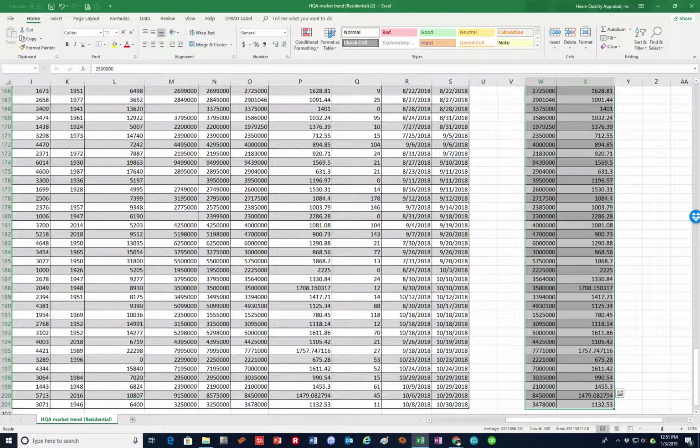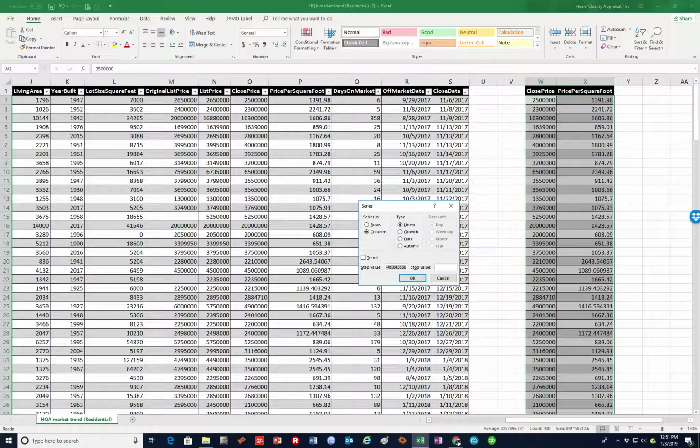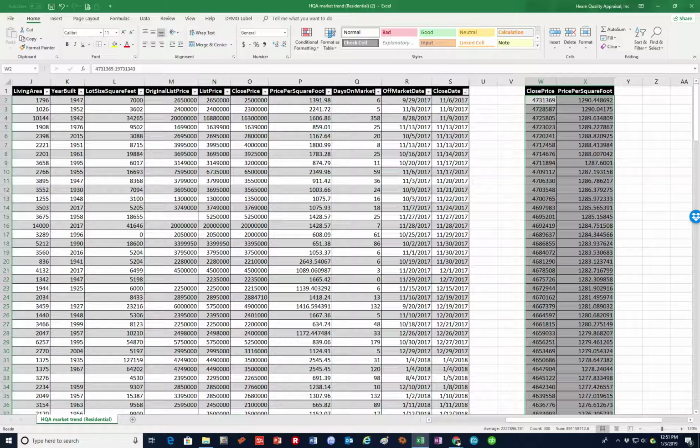Let's see if we can do it to both. We want to fill the series, select trend and see what happens. And yeah, it trended both columns.